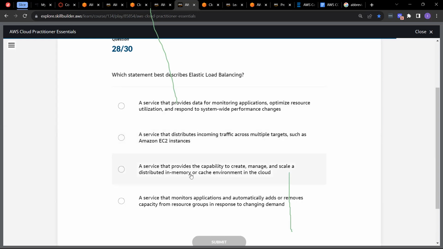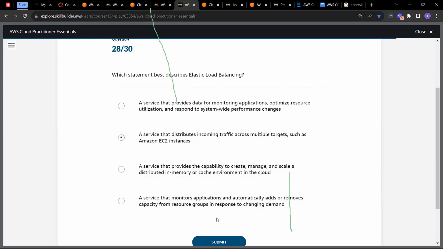A service that provides the capability to create, manage, and scale a distributed in-memory cache. A service that monitors applications and automatically adds or removes capacity from resource groups in response to changing demand. That's scalability. Load balancing, I will choose the second one.